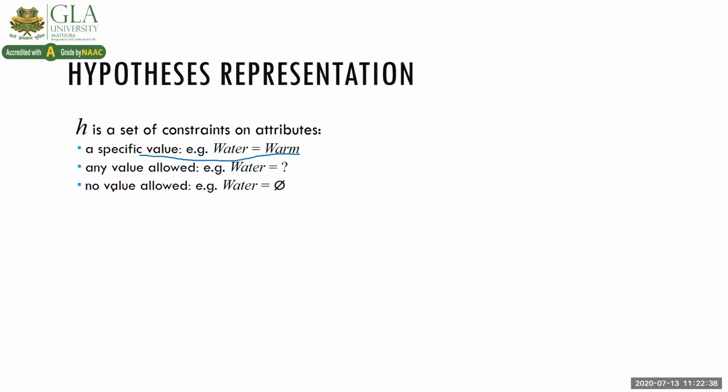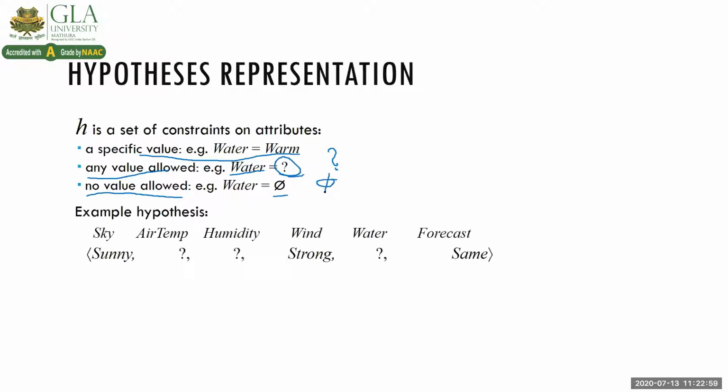Next is any value. Any value is represented by this question mark. So we can use the question mark as any value. And if we do not want to allow any value, that is phi, null.